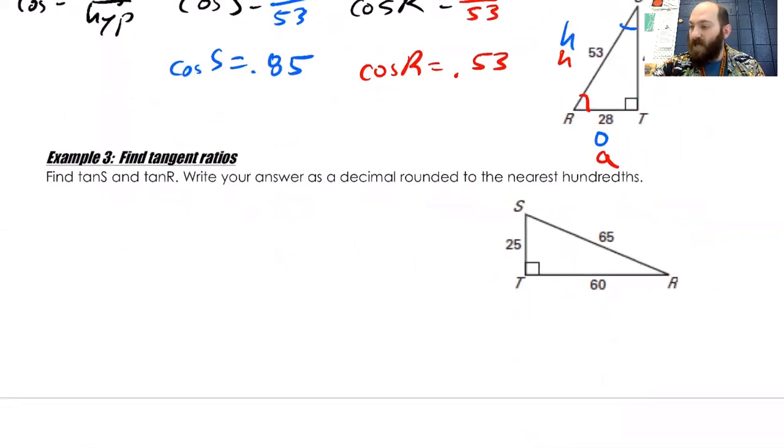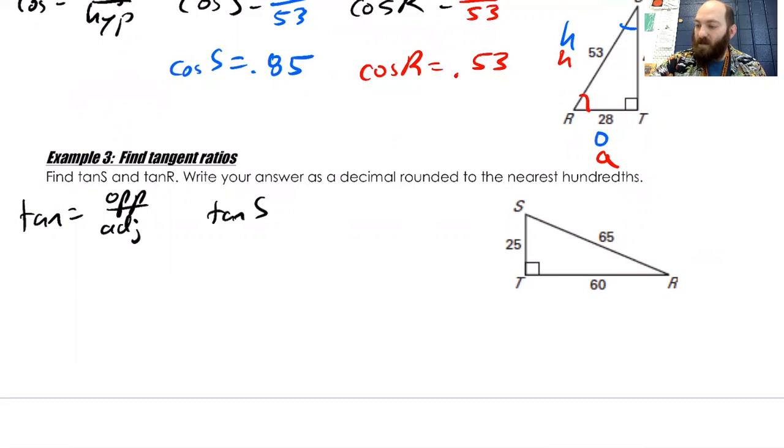Okay. So tangent, if you remember, is equal to the opposite side divided by the adjacent side. So I'm going to do tangent S and tangent R. I just ran out of space by myself. Let me try that again.